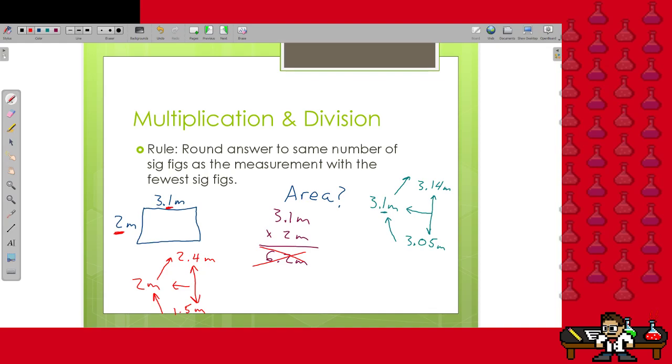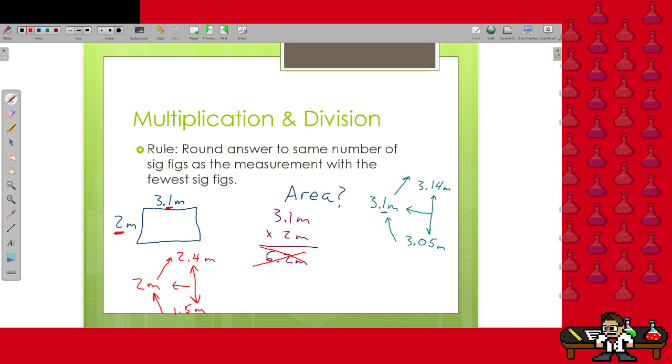So instead of thinking of this like 2 meters and 3.1 meters multiplied together to give us an area, I almost want you to think of it as a range of values that we're trying to multiply together to give us a rough area. So I'm going to pull a couple numbers out to give us an idea of what we're looking at here.